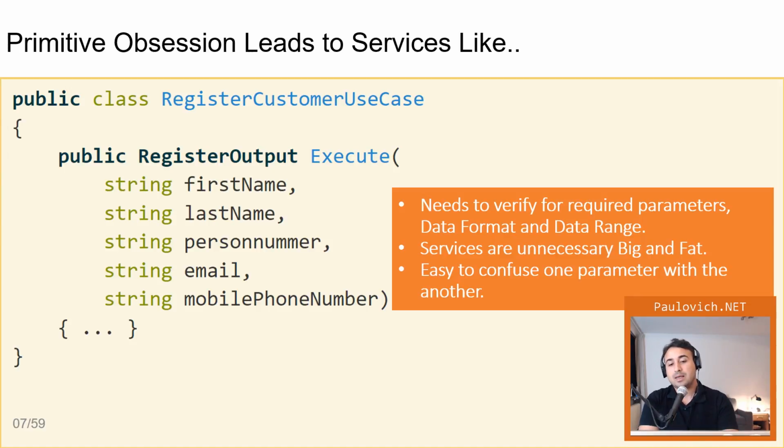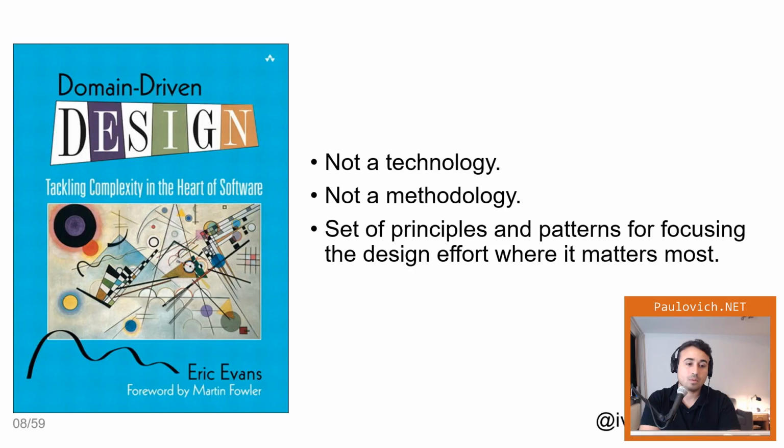Also, all these services become unnecessarily big and fat because of the recurrent implementation that you always need to do. Also, with services like that, with this list of parameters very similar to each other, it's easy to confuse one parameter with another.